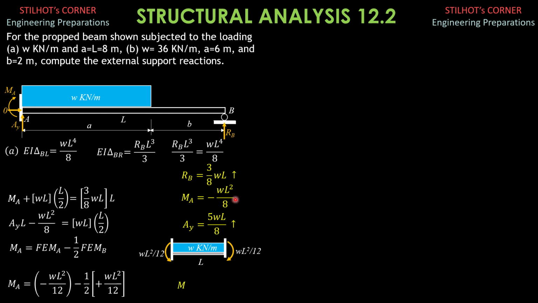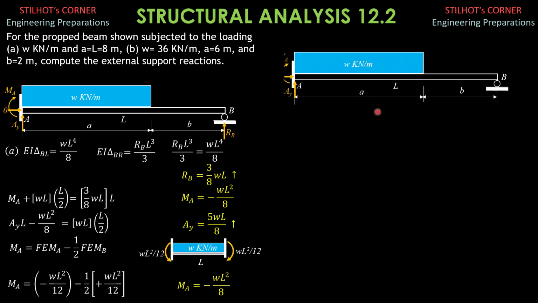We'll get negative WL squared over 8. Then the rest of the processes would be the same as the previous. We have to apply equations of statics. So I'm just verifying that the moment at A by another approach is the same. Then we proceed to part B.